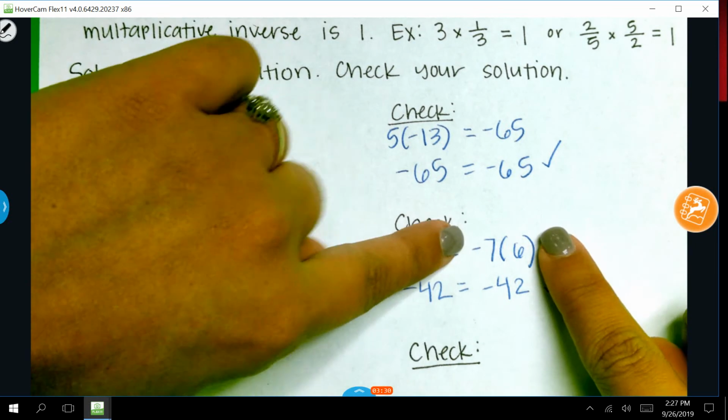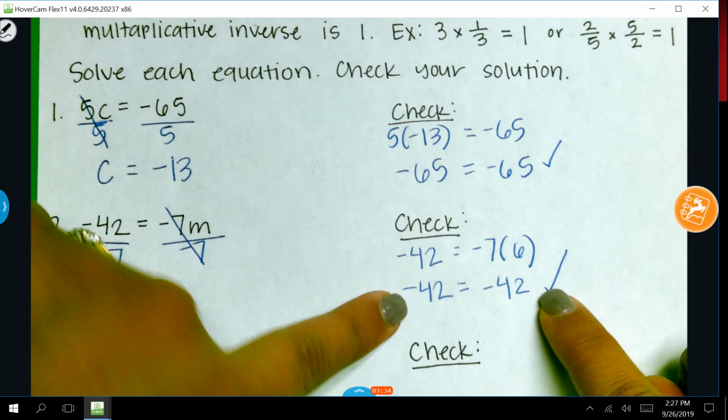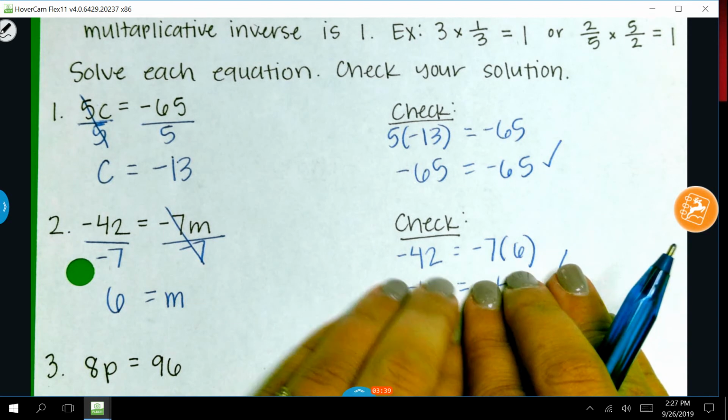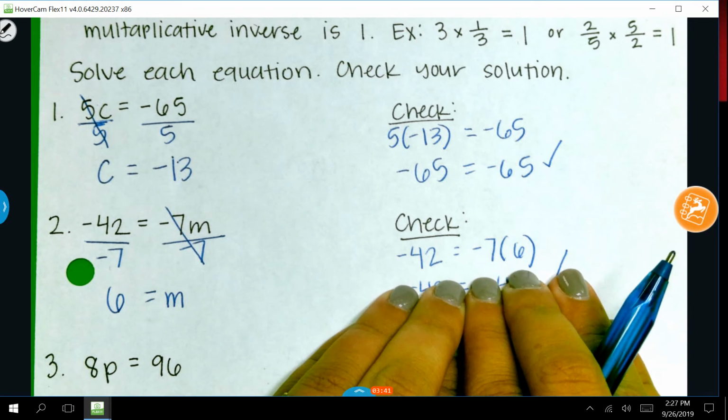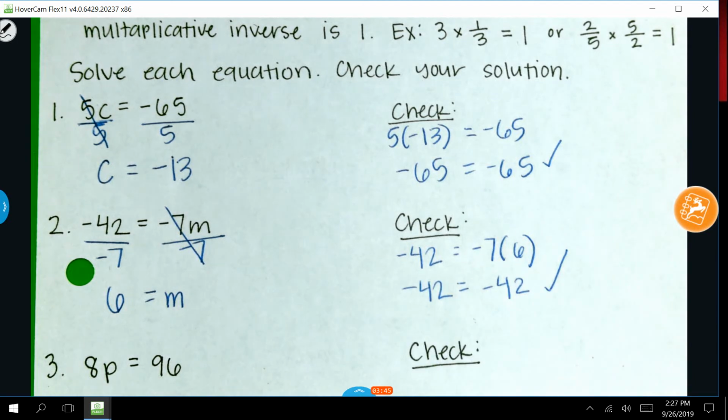So you have to do the negative 7 times 6 to see if you get negative 42, and you want it to match the other side. A lot of you are just giving me that one step and saying, yep, negative 42 equals negative 7 times 6. That's not what it's asking for. It wants you to have one number and one number, and they need to match. Okay?